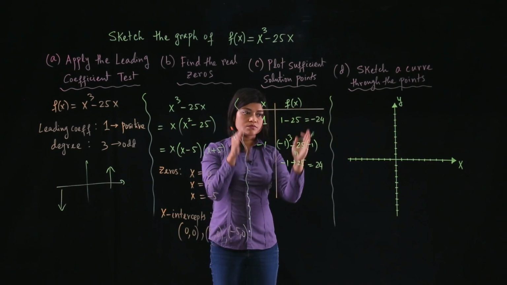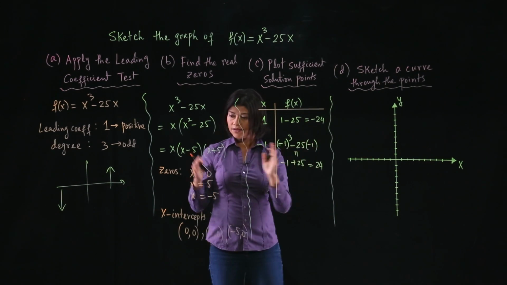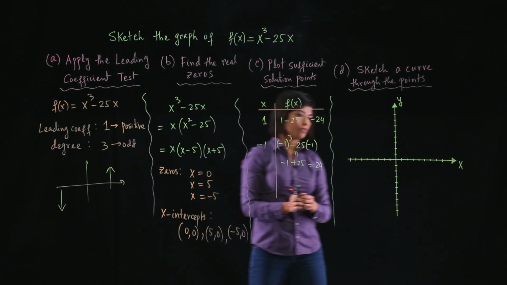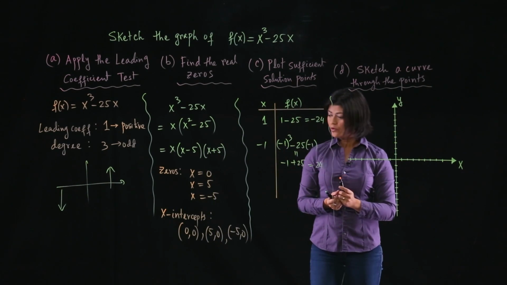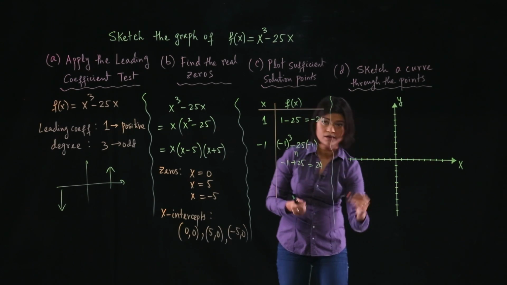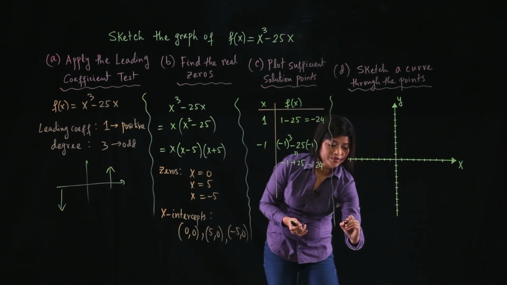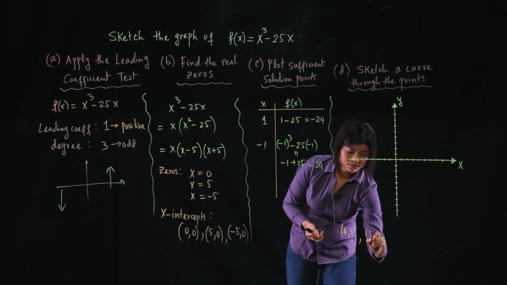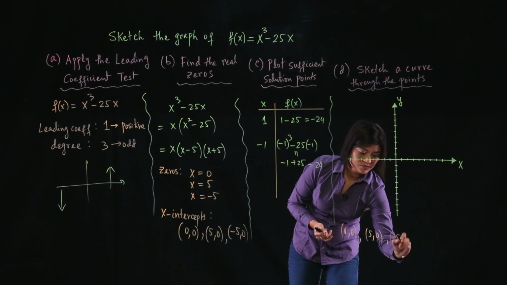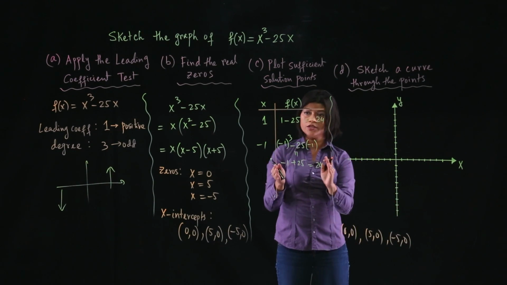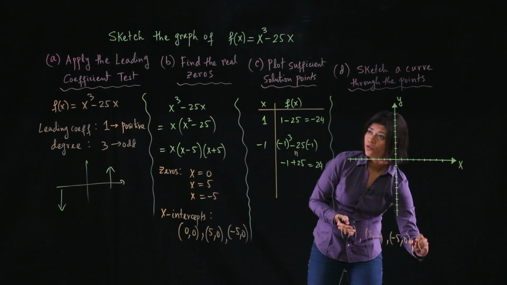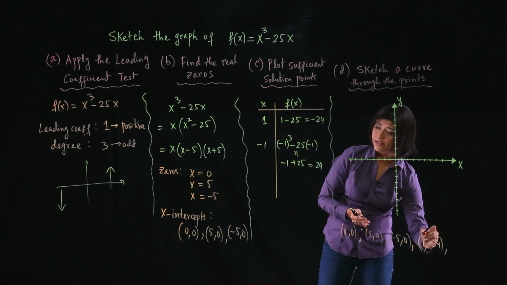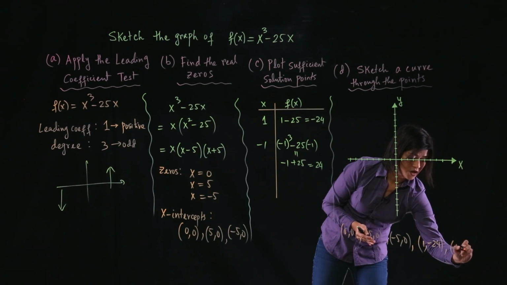Okay, let's use these points and the x-intercepts and see if we can sketch the graph. So that's part D. Our x-intercepts are, let's write down the points: (0, 0), (5, 0), (negative 5, 0). Also, we got some solution points. They are (1, negative 24) and (negative 1, positive 24).